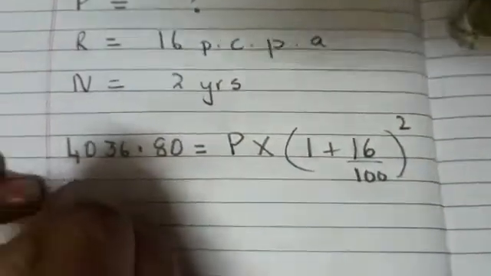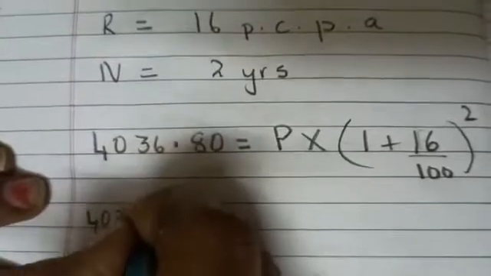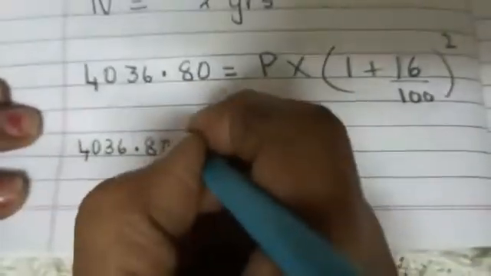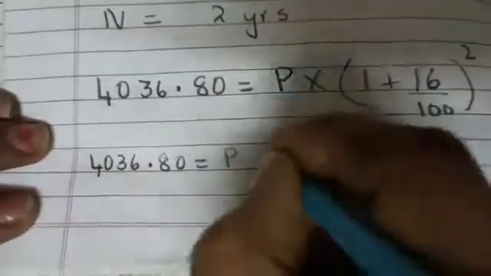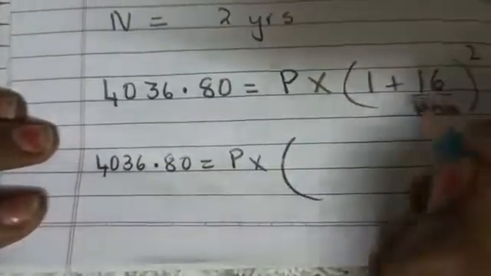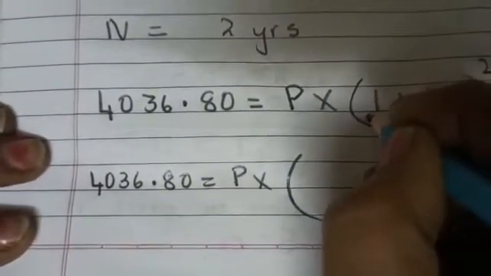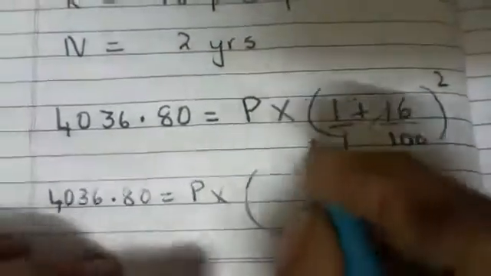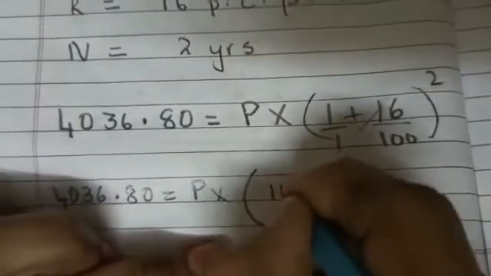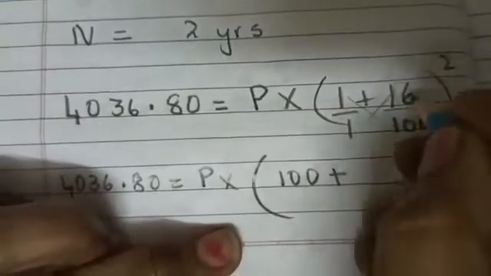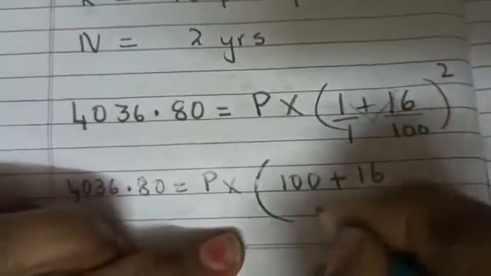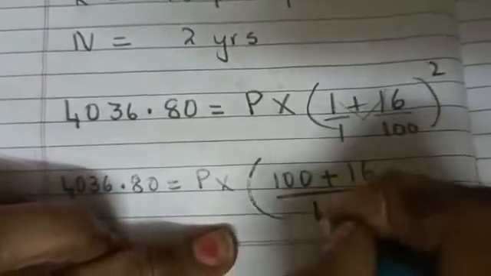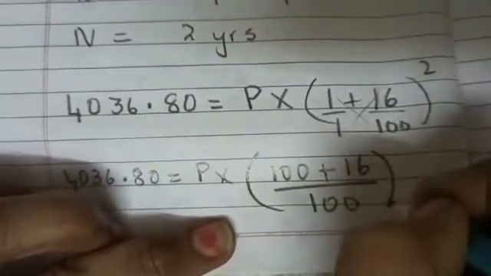So you get 4036.80 is equal to, keep P as it is, and let us solve this part. There is no denominator over here, so I'm putting it as 1. Then I will cross multiply. So I'll get 1 into 100 is 100 plus 16 into 1 is 16, upon 1 into 100 is 100, the whole square.